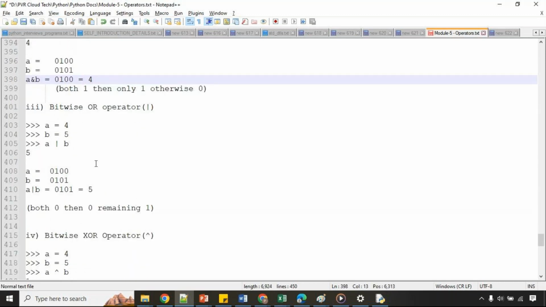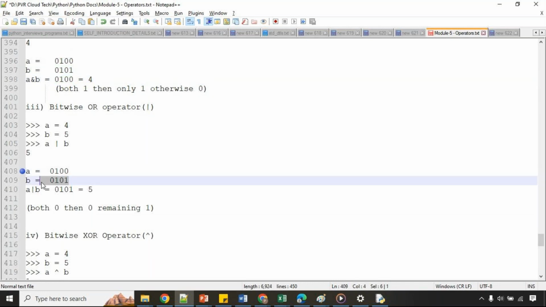Similar way OR. So here you can see, both 0, then 0, remaining 1. So in this case, this is A value, this is B value, converted into binary number. So if both are 0, then 0, remaining case is 1.